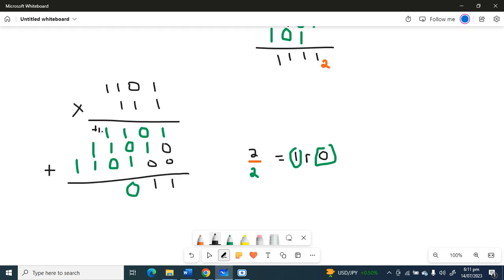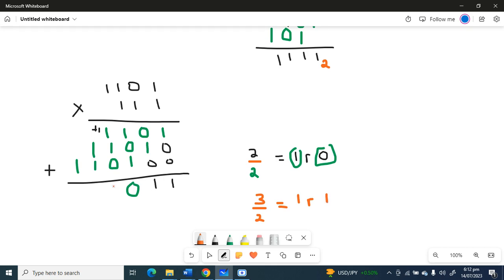Right, then we have 1 plus 1 plus 1, that gives us 3. Right, so the same principle again. Any number that's above 1, you divide it by 2. So you're going to say 3 divided by 2 is going to be 1, remainder 1.